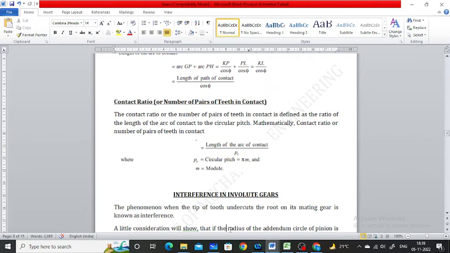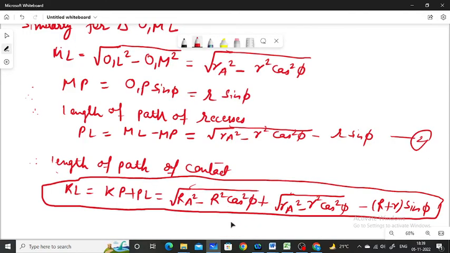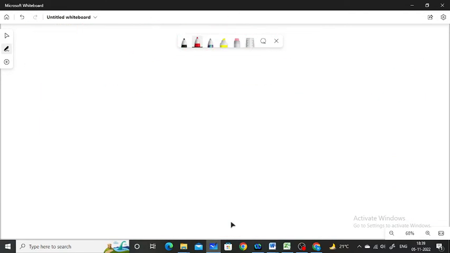Now we take an example, a numerical on the basis of the path of contact.